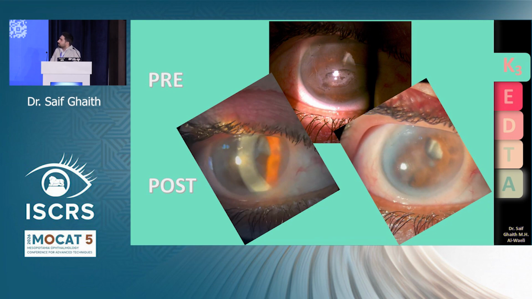Then you will see that I apply the K3EDTA on the Weck-Cel, using both manual scraping with the sponge, and also sometimes I just put the Weck-Cel on the surface of the cornea and wait a few seconds for this calcium salt to become softened. So here I'm just waiting for the calcium to dissolve. Then I rescrape it. You can see it's easily removed now, or at least easier than before. So I repeated this process multiple times.